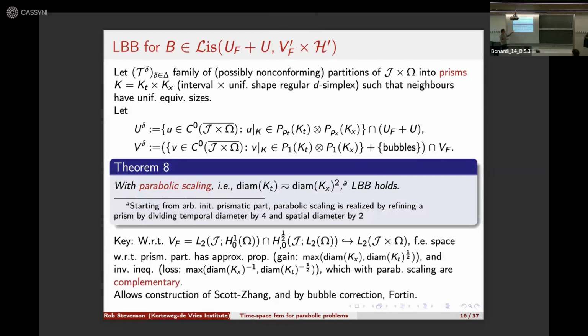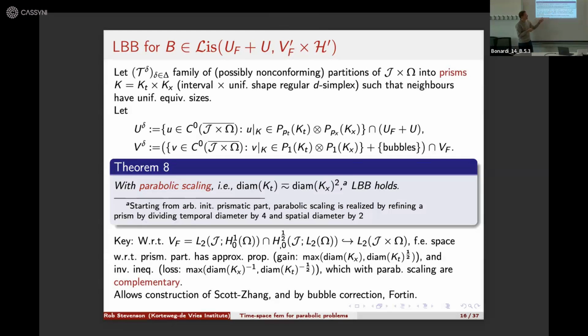And the key is that with this new test space, if you have a function in the test space and you measure the approximation error in L2, you gain the maximum of the diameter in space, because you have one order of smoothness in space, plus the diameter in time to the power half, because you have half of the smoothness in time.